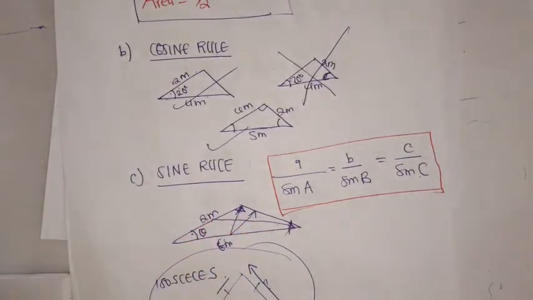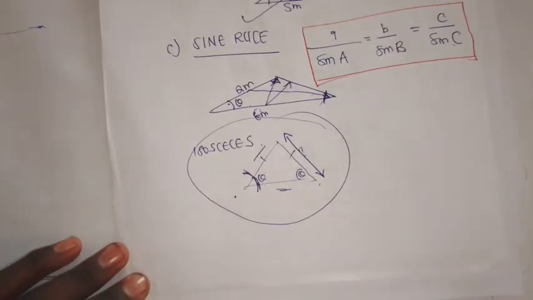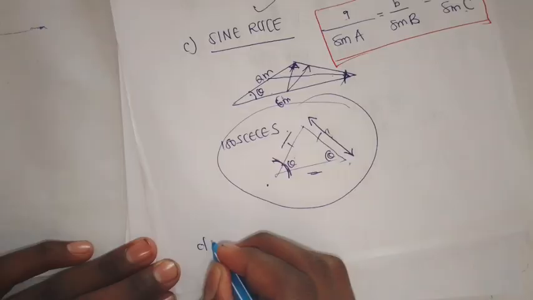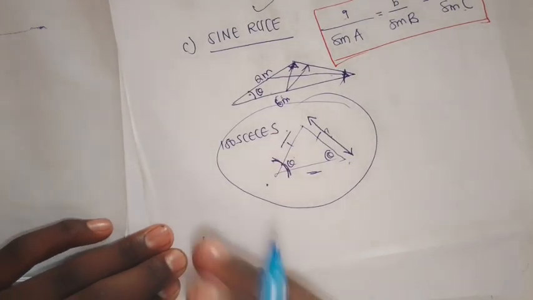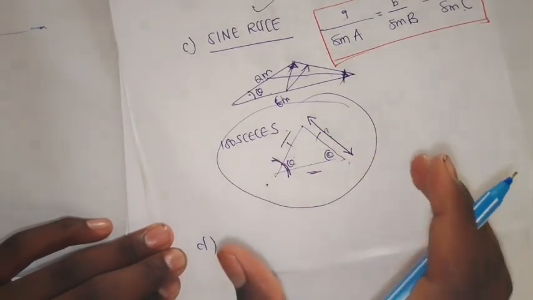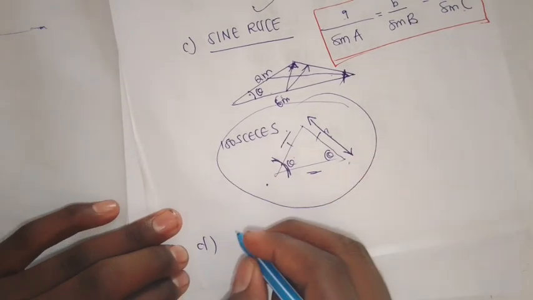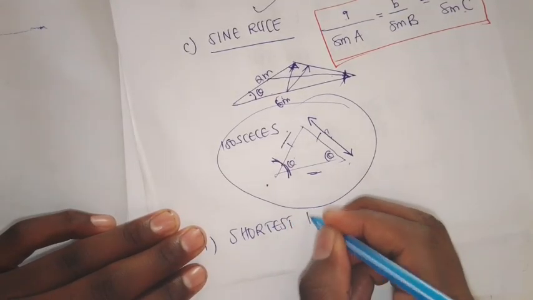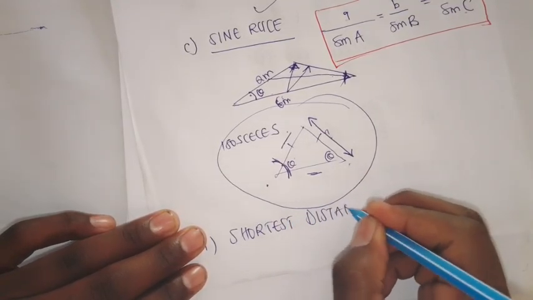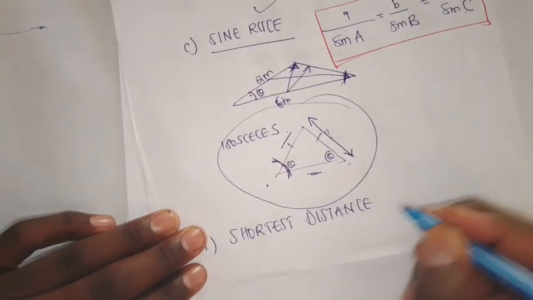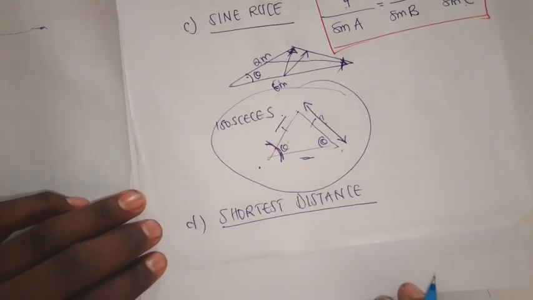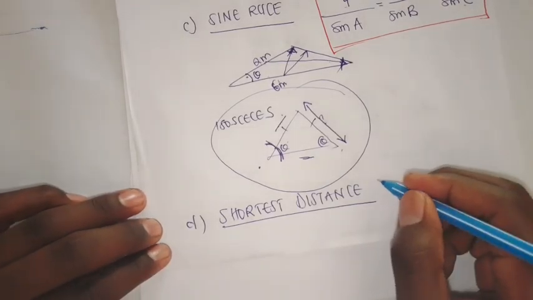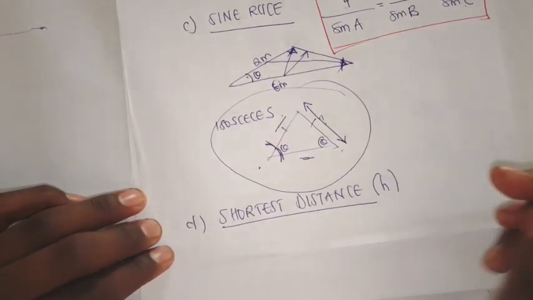Okay. I don't want to go to the next page, but D, we have what we call shortest distance. You'll be asked to find the shortest distance, represented with small h.